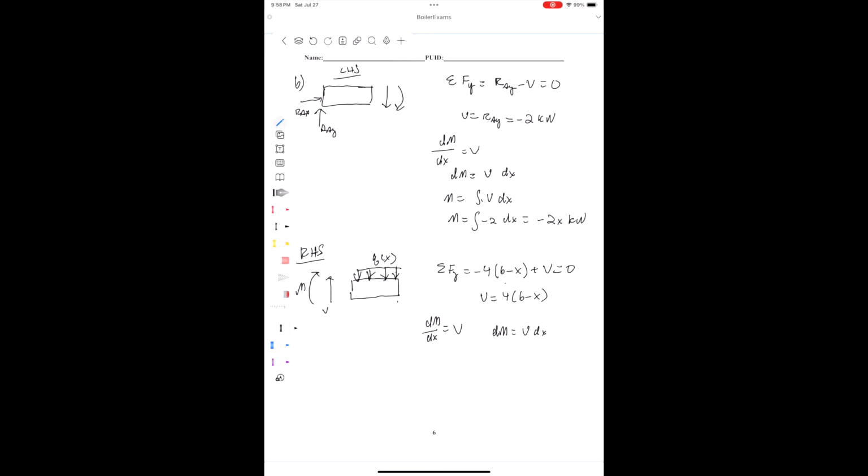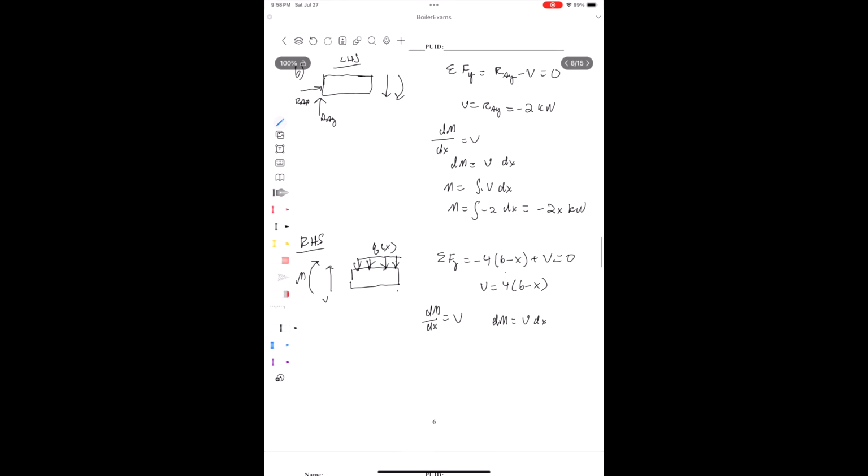So M equals the integral of V dx, so 4 times 6 minus x dx. Now, let's take a minute here.